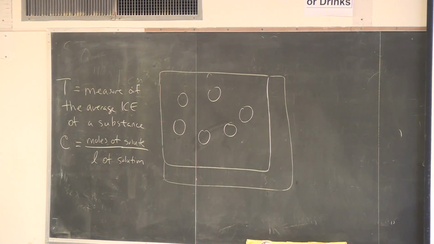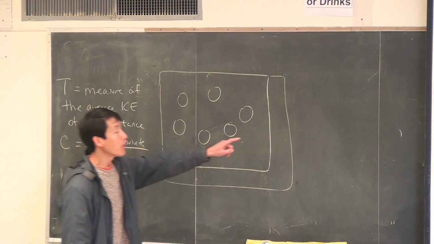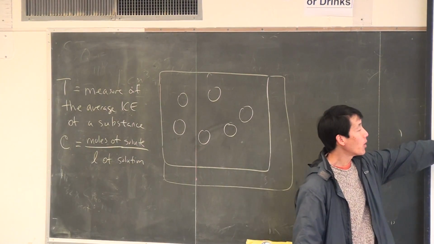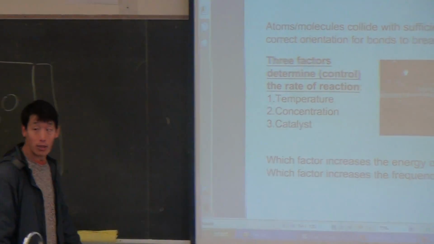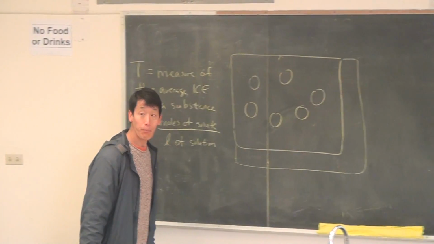If you have 4 at a higher temperature, they could collide just as many times. Yeah. So that's how you can vary or change those 2 factors to control the reaction rate. Okay. So you can adjust the concentration or the temperature or both to control the reaction rate.